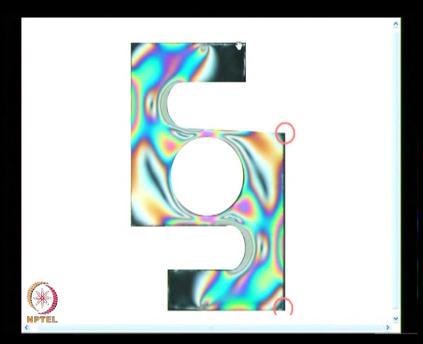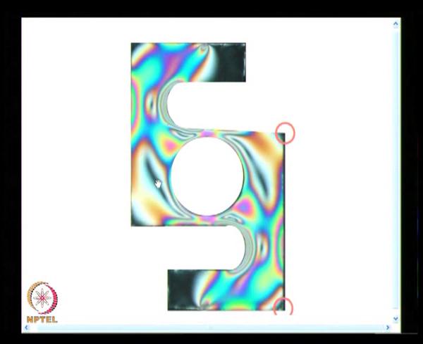So, I have a free external corner, I have a free external corner, I have a free external corner, and look carefully, in all these free external corners I have the fringe as black, and you see a black line here.